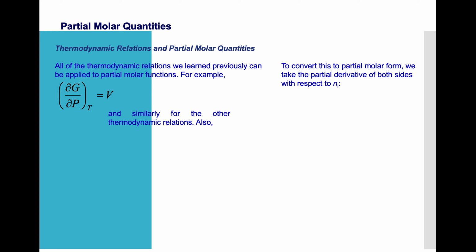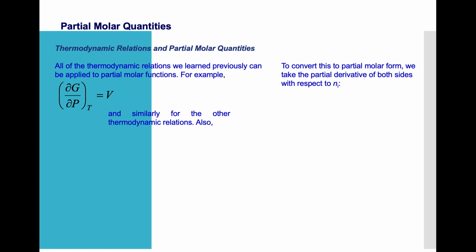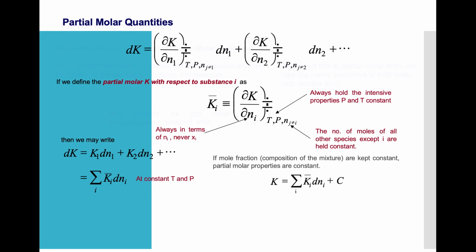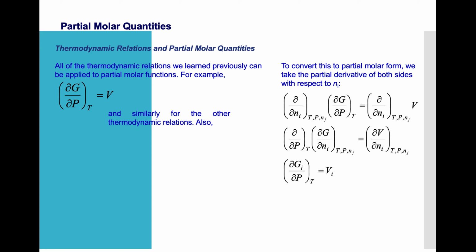Okay, thermodynamic relations and partial molar quantities. All the thermodynamic relations that we learned previously can be applied to partial molar functions. For example, dG/dP equals V. And similarly for the other thermodynamic relations, to convert this to partial molar form, we take the partial derivative of both sides with respect to n.